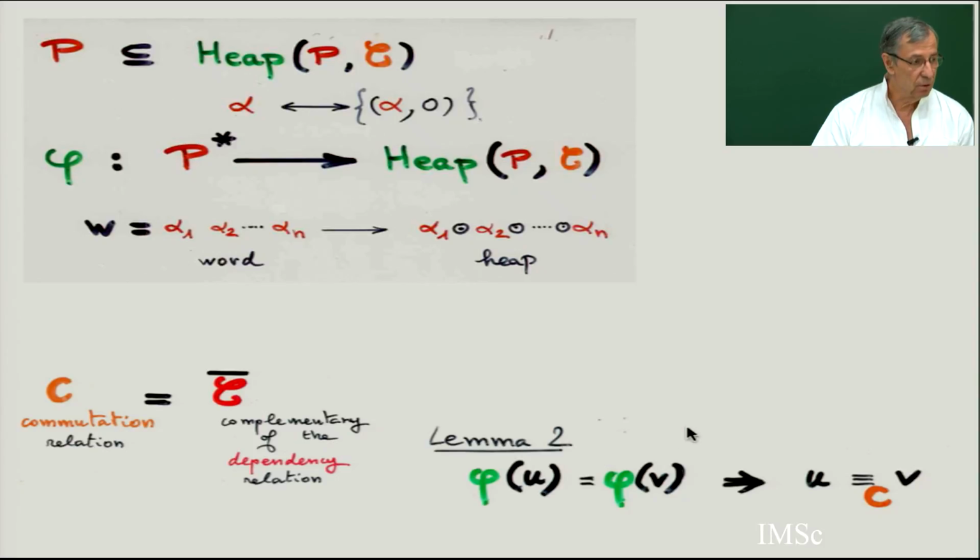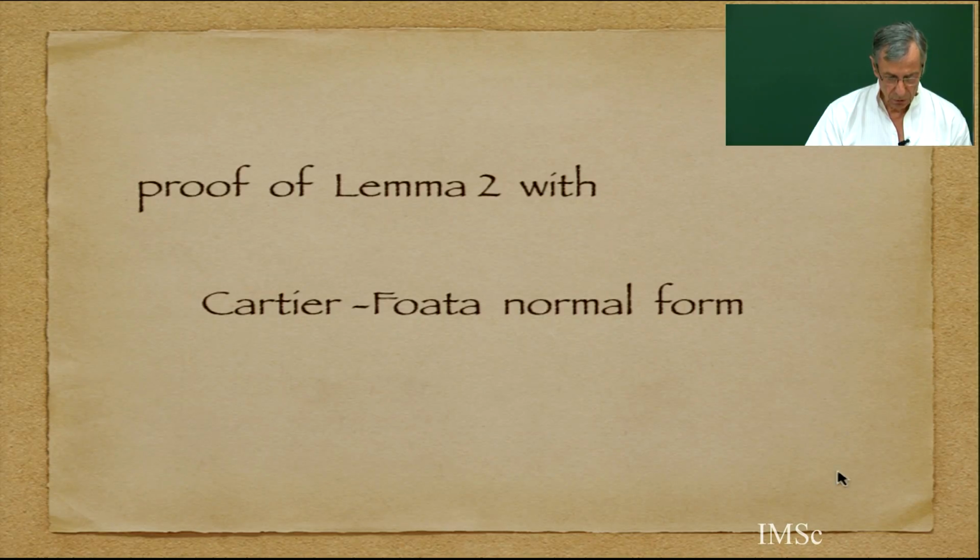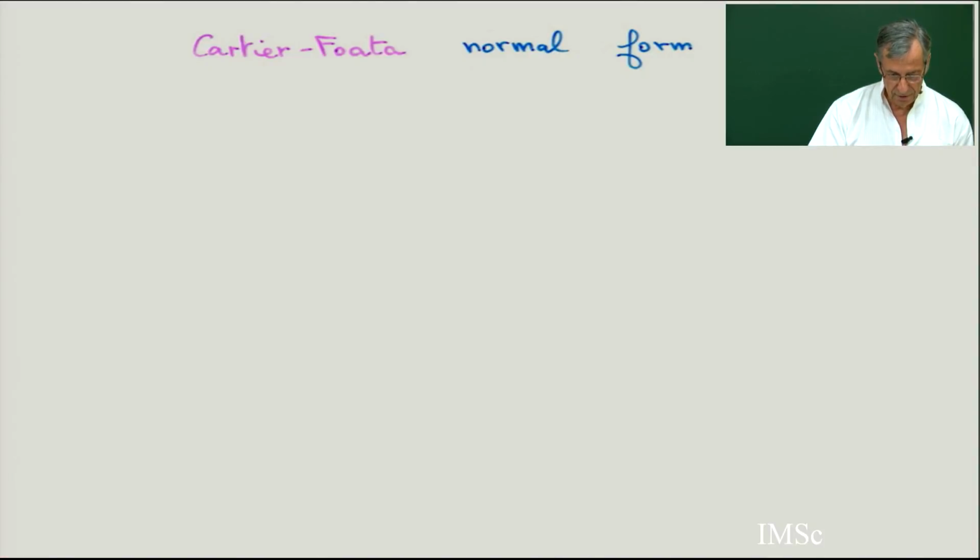Now lemma 2: conversely, if two words give the same heap, then they are equivalent for the commutation relation. The proof of this lemma relies on what is called the Cartier-Foata normal form. So we go back to the commutation monoid. This is a kind of canonical form for any element, any class of this monoid.